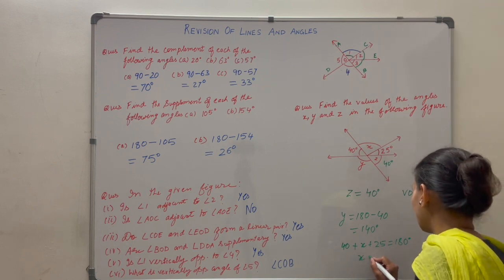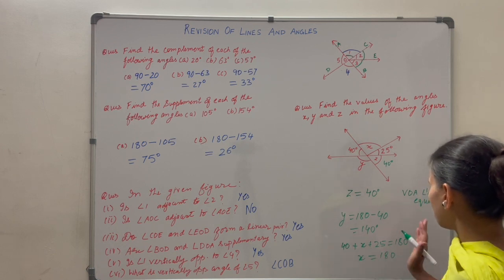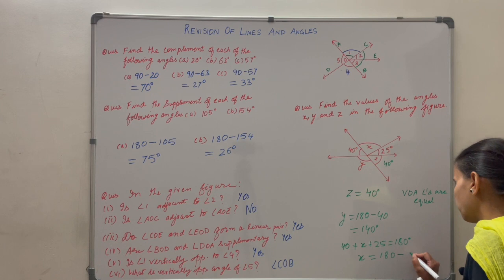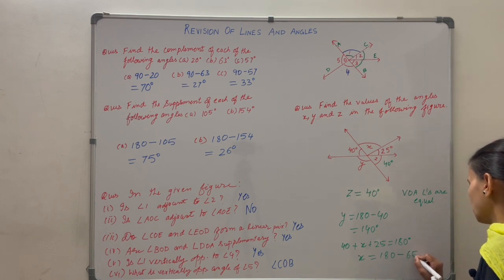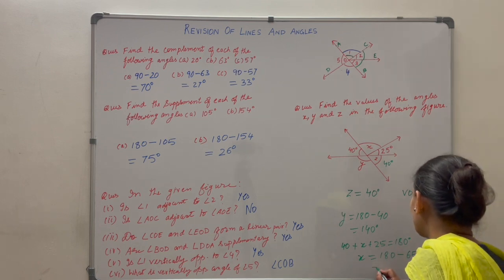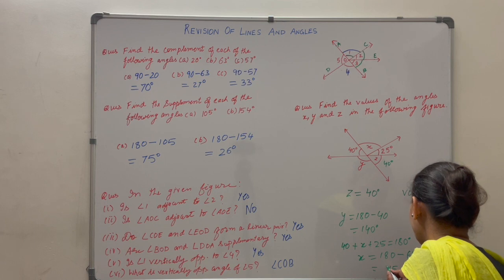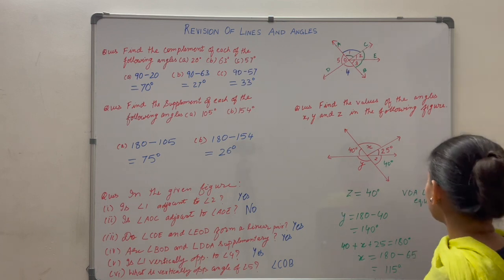So x is equal to 180 minus, when you add these two, you get 65. When you take it to the other side, the plus will become minus. So this is 180 minus 65. 10 minus 5 is 5. 7 minus 6 is 1. So this is 115 degrees.